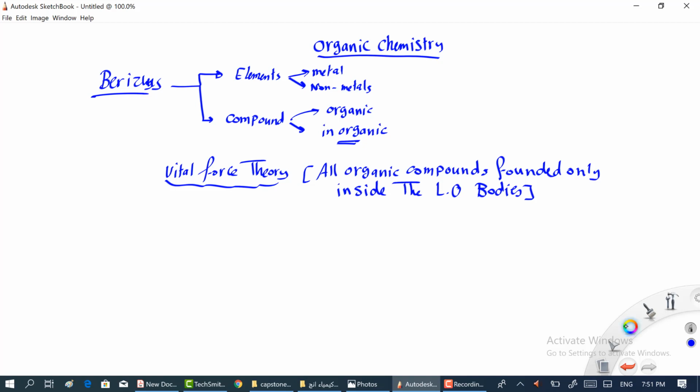Until a scientist called Wöhler destroyed the vital force theory by obtaining the first organic compound, urea, inside the lab.